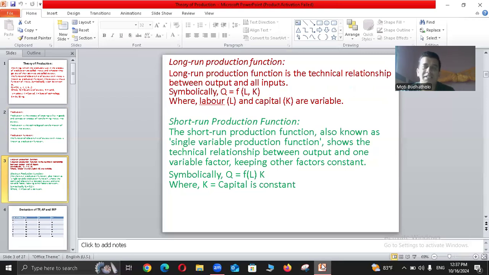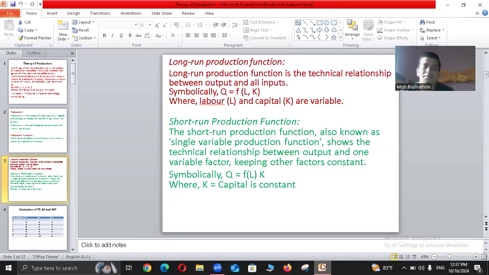Symbolically, production function is: quantity of output is equal to a functional relationship between labor and capital in the long run. In the long run, all factors of production are variable, where labor L and capital K are variable. In case of long run production function, all the inputs are variable.